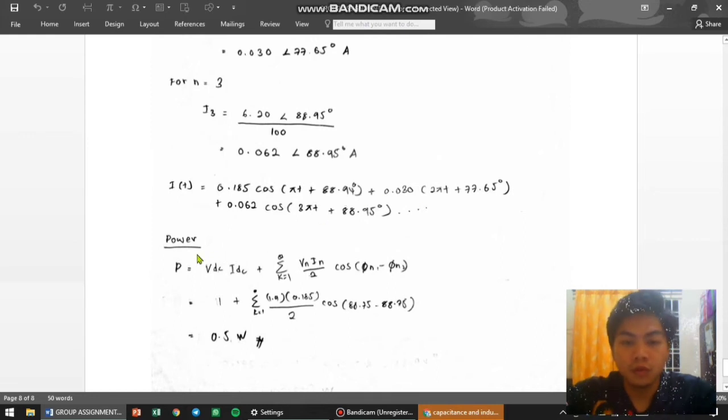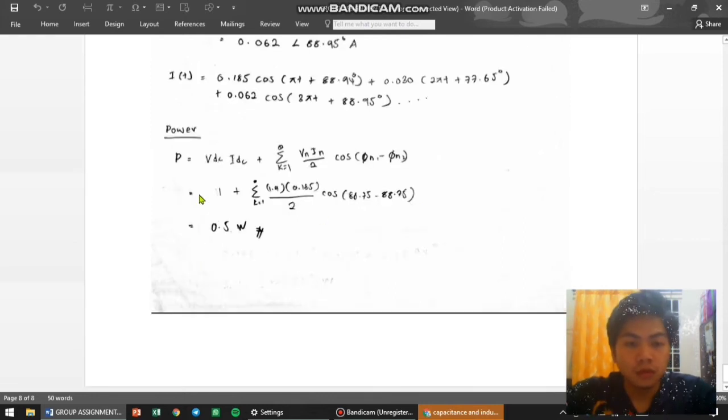So for the power, we use the formula of power, which is VDC multiplied by IDC plus Vn multiplied by In divided by 2, cos of theta n minus phi n. This is the voltage degree, and this is the current degree.